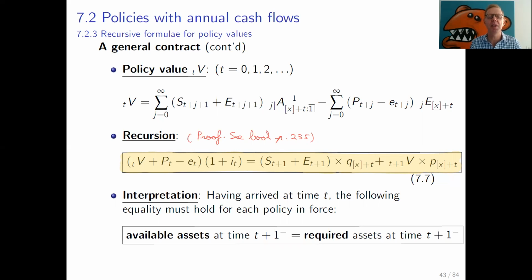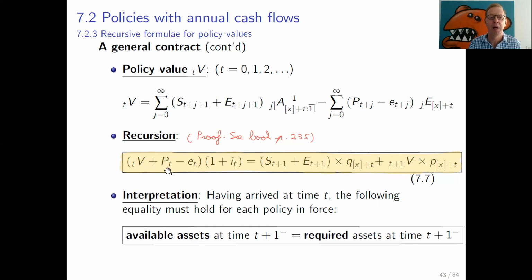Having arrived at time t, there must be an equality for each policy in force at time t between the available assets at time t+1 minus and the required assets at time t+1 minus. What will be the available assets at time t+1 minus? That's the left-hand side of the recursion. We have Vt at time t for each policy in force at time t.